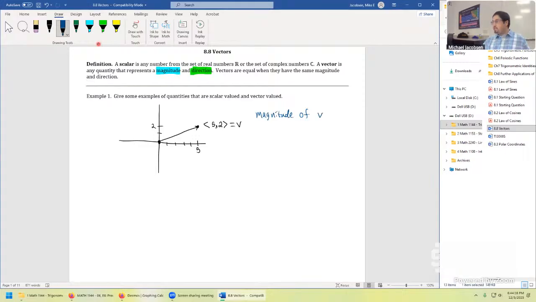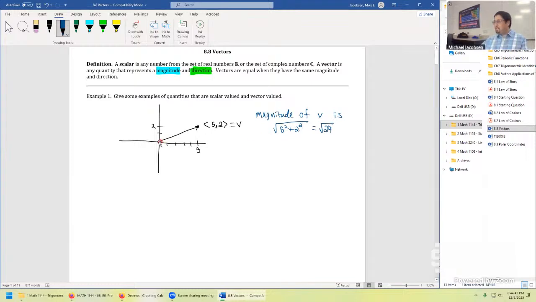The magnitude of that vector V is the square root of 5 squared plus 2 squared. But that's just using the Pythagorean theorem again in the distance formula to find the distance from here to here. Because this is 0, 0, it's really 5 minus 0 plus 2 minus 0. So 5 squared plus 2 squared. So it's just root 29.